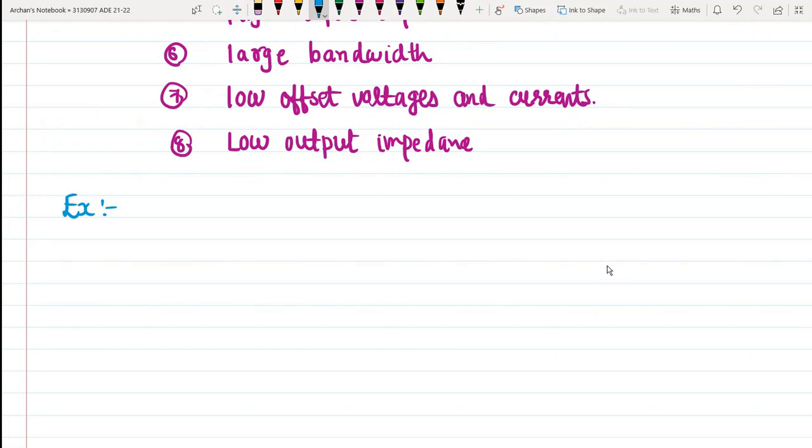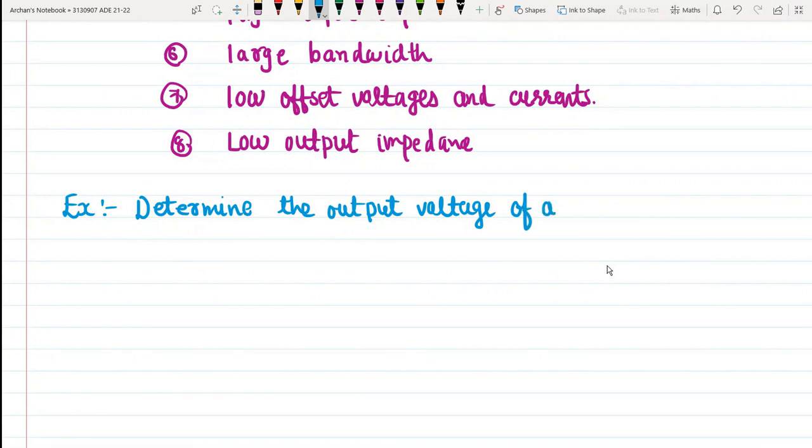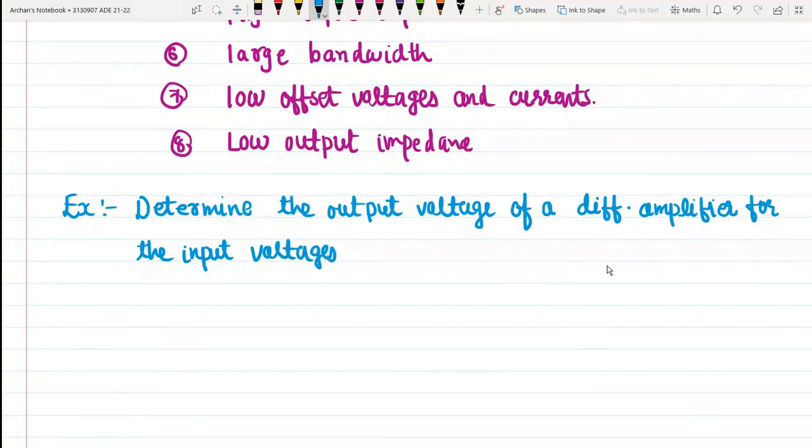So we have one differential amplifier. What you need to do is determine the output voltage of a differential amplifier for input voltages of 300 microvolt and 240 microvolt.